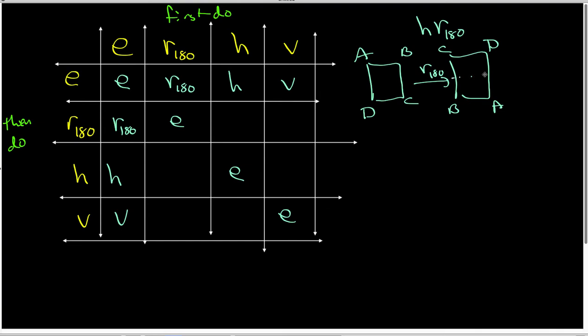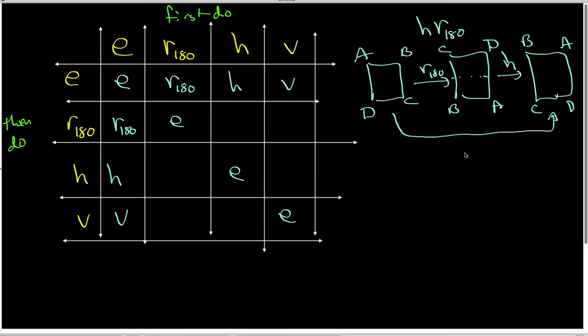And if I then flip like that over the horizontal line and do a horizontal flip, the resulting square that I get has a B up here and an A up there and a C down here and a D here. And if I want to go from here to here, that is nothing more than a vertical flip. So I'm going to be putting in a V in that particular spot.